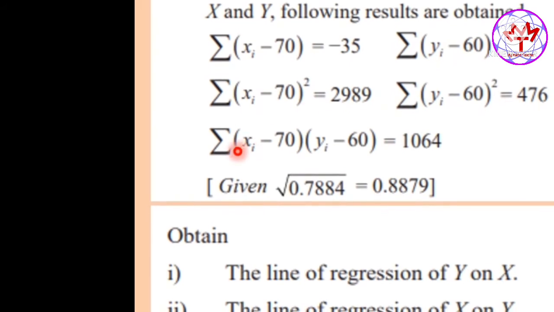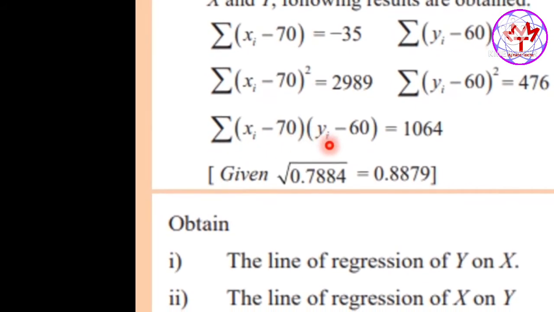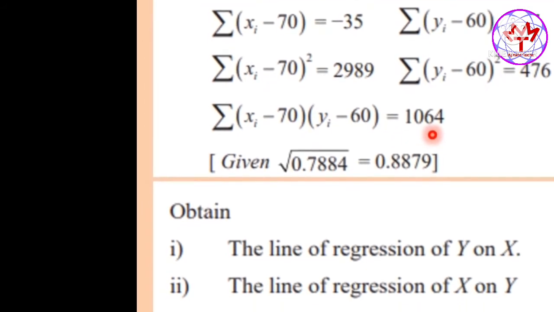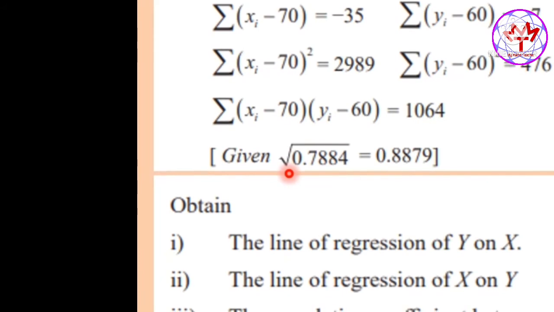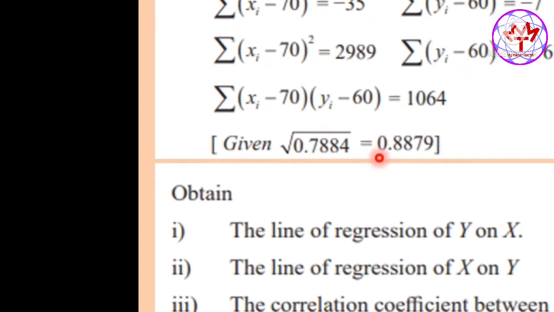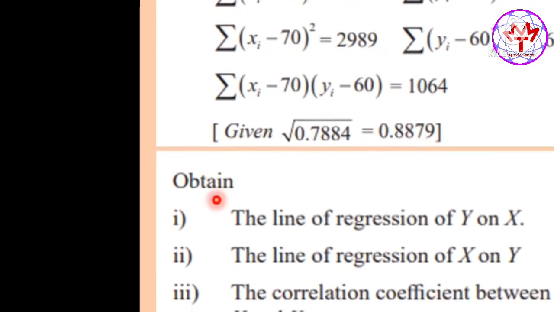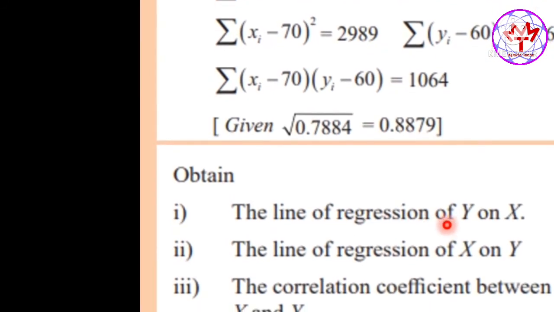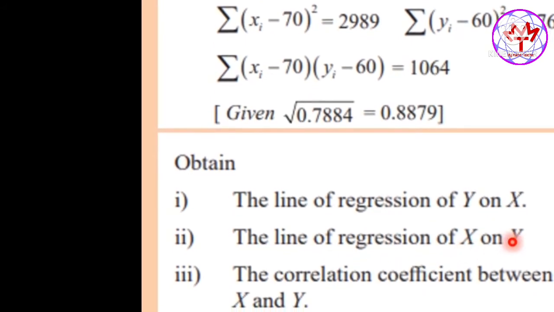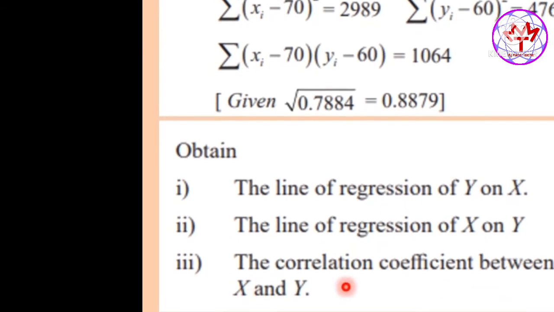Also summation xi minus 70 into yi minus 60 is equal to 1064. They have also given us the value of under root 0.7884 is equal to 0.8879. And what we have to obtain is the line of regression of y on x, then the line of regression of x on y, and the correlation coefficient between x and y.